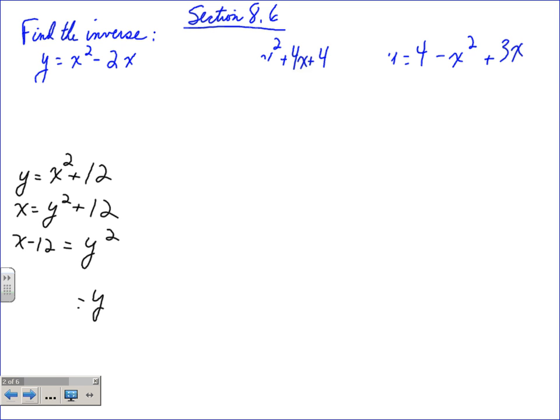So y equals what? Y equals what? Plus or minus. Don't forget the plus or minus. The square root of the whole thing. X minus 12. It is not the square root of x and the square root of 12. It's the square root of x minus 12. Okay? That's easy enough. Those are the easy ones. Any questions on that? Because I'm going to erase that because I'm going to need some space.